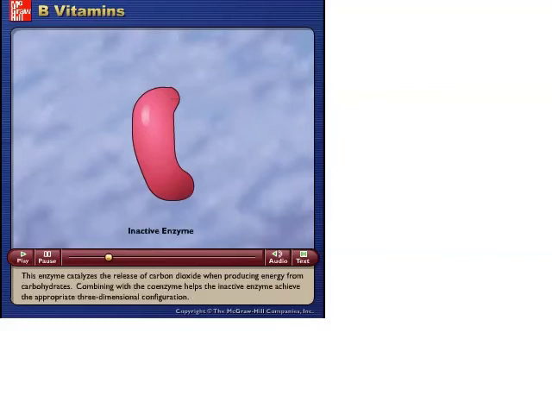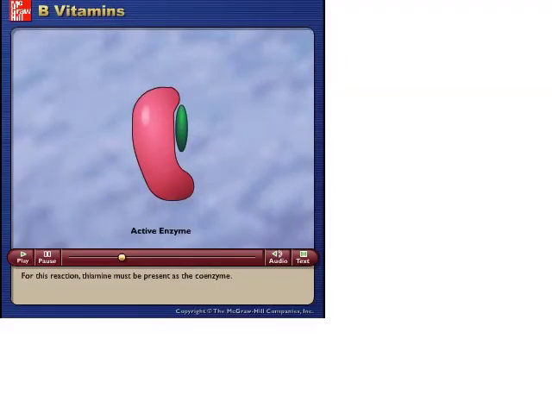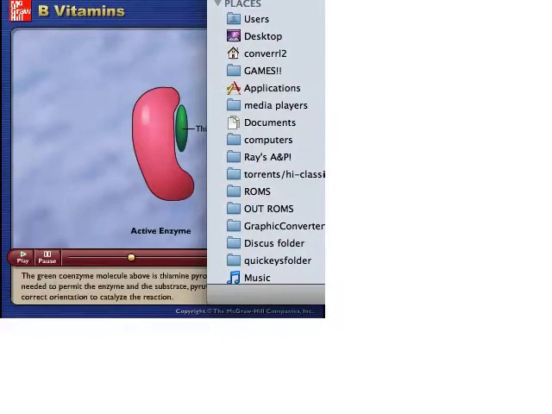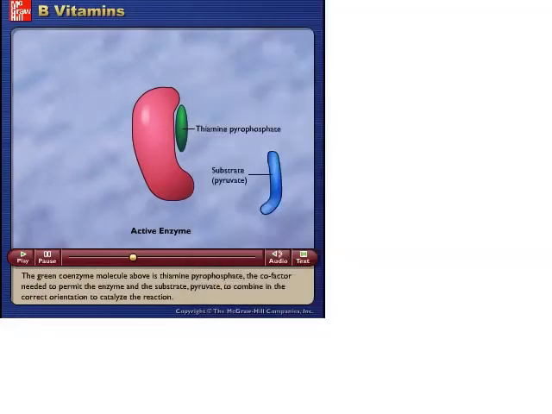This enzyme catalyzes the release of carbon dioxide when producing energy from carbohydrates. Combining with the coenzyme helps the inactive enzyme achieve the appropriate three-dimensional configuration. For this reaction, thiamine must be present as the coenzyme. The green coenzyme molecule above is thiamine pyrophosphate, the cofactor needed to permit the enzyme and the substrate, pyruvate, to combine in the correct orientation to catalyze the reaction.